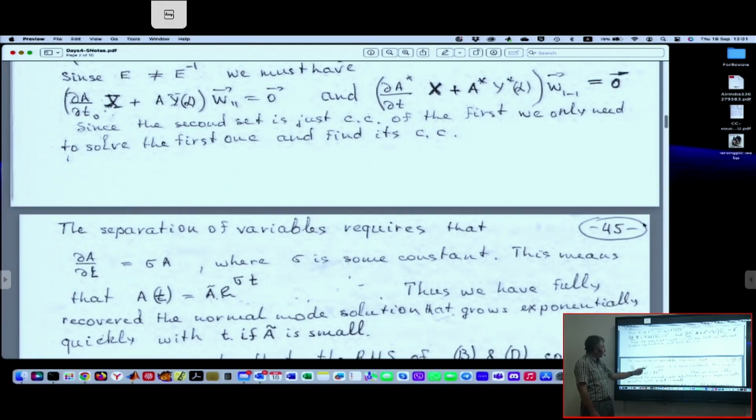The important thing is this. This is the first step in deriving the amplitude equation. So from here, we deduce that the amplitude equation has to be of this form. It cannot be anything else, right? Is that clear? That's the logic here.